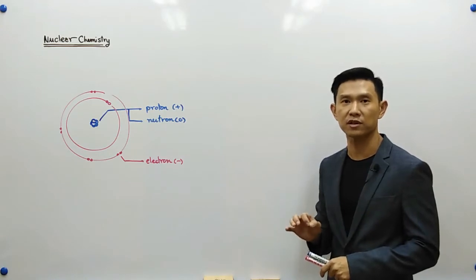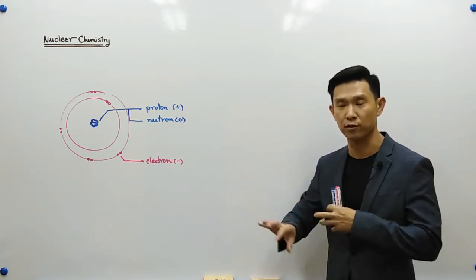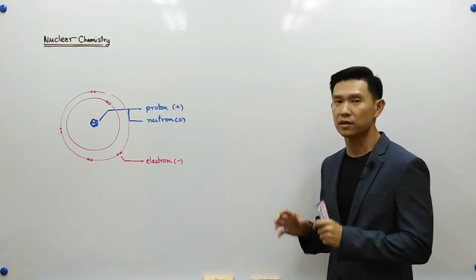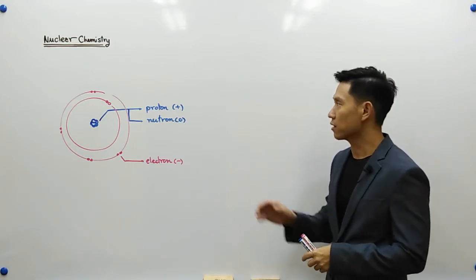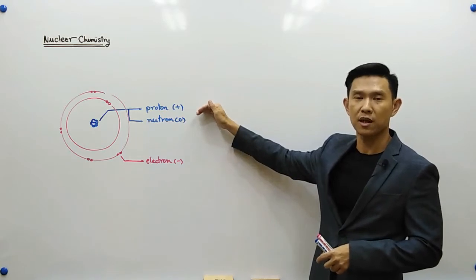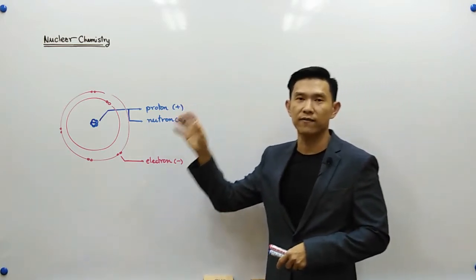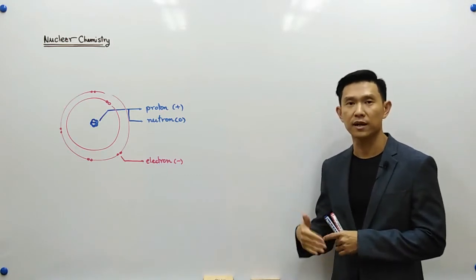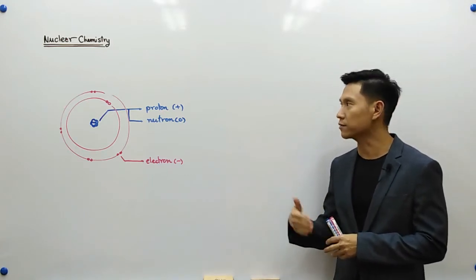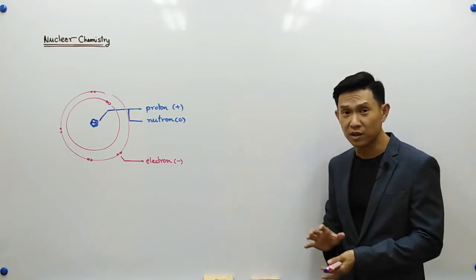So if you look at this kind of structure, you can see that the positive charge of the protons creates electrostatic repulsive force in the nucleus, and makes the nucleus itself not really stable, right? But we know that we have several hundred types of atoms, several hundred types of nucleus.